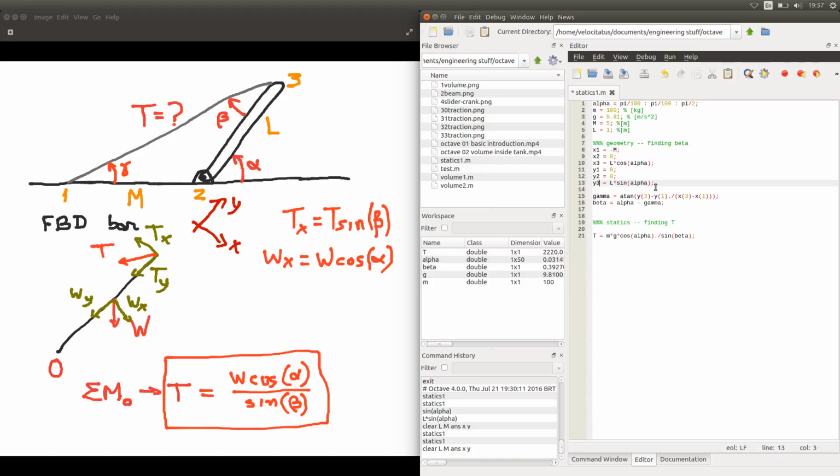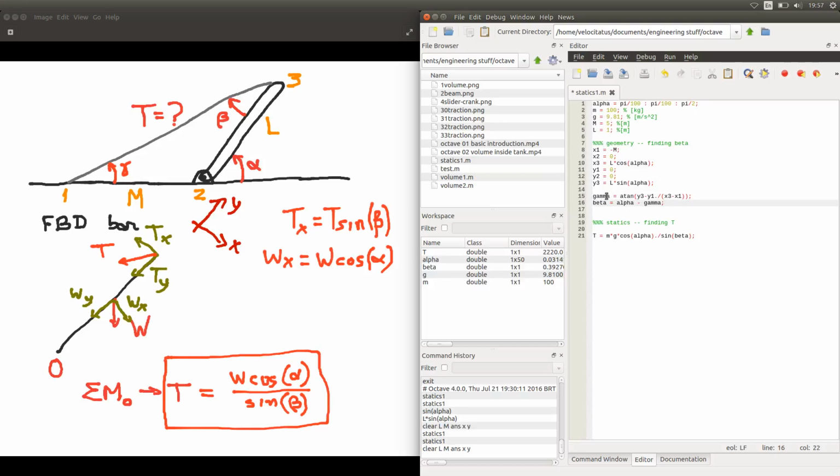Again, because alpha is an array of values, giving y3 and x3 also an array of values, we need to be careful that here we're going to use the scalar operator, and now we changed the names of all these variables as well. So it's just a bit of cleaning up our code.